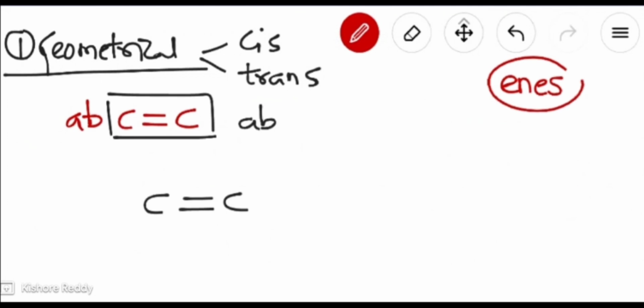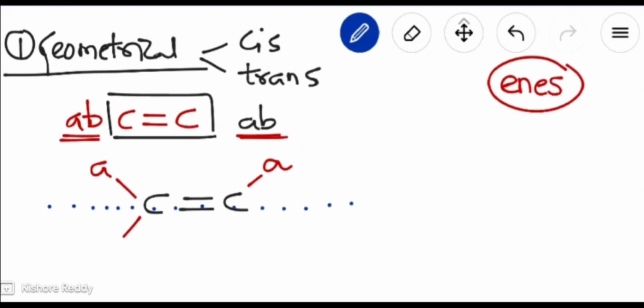Understood? In that, the first condition is you have either AB and the second one AB. So can we take like this? If you write A here, later we'll take the examples. And on the same side, if you have A, are you able to understand? On the same side of the double bond, you have similar groups. Are you able to follow?